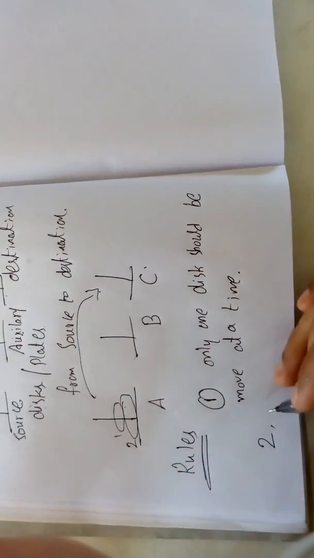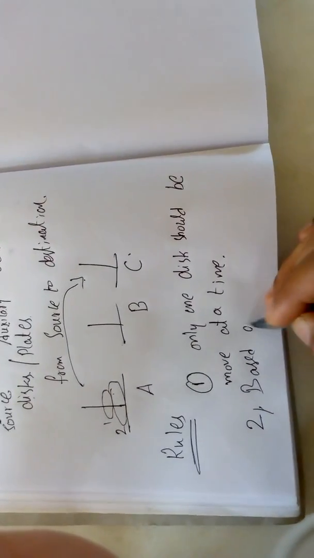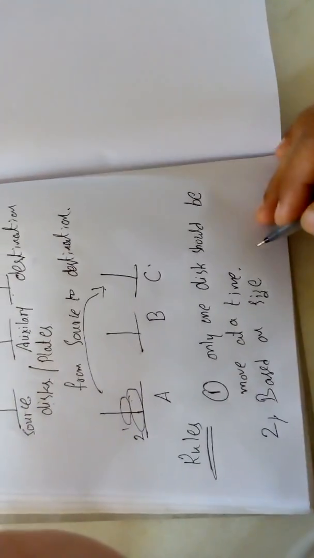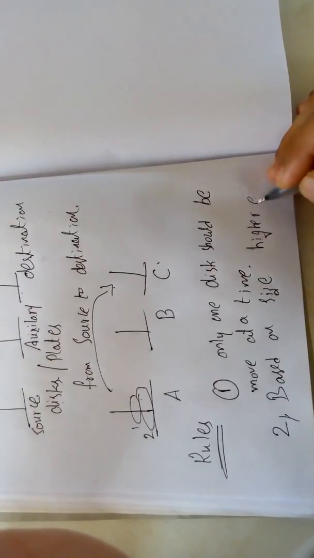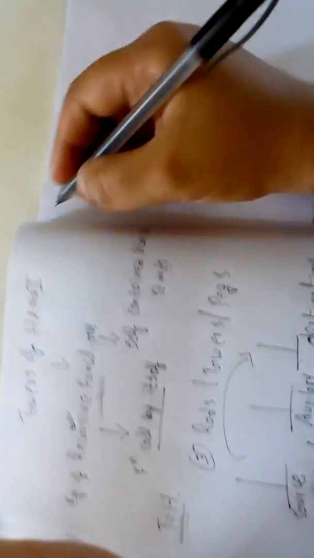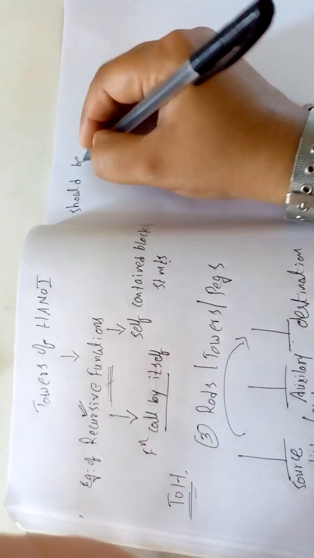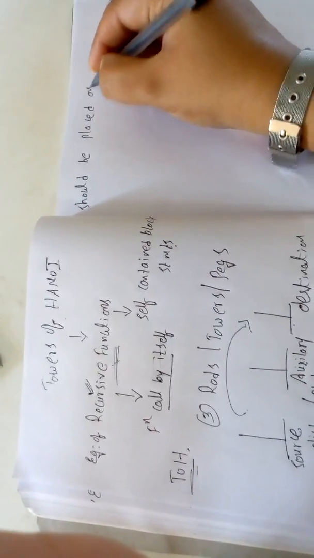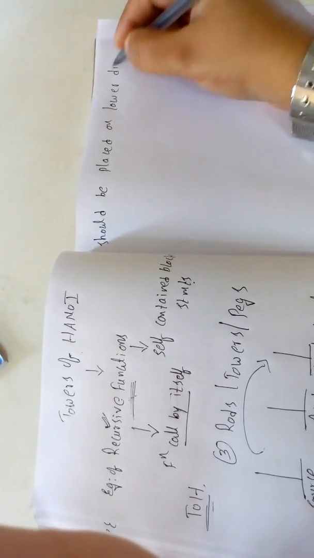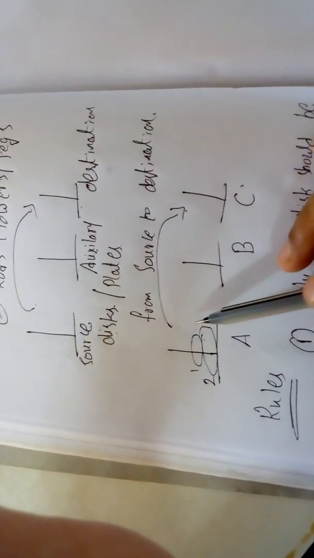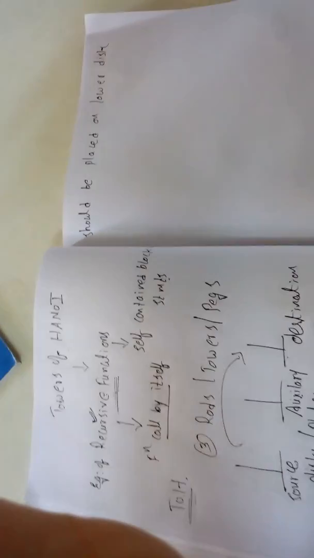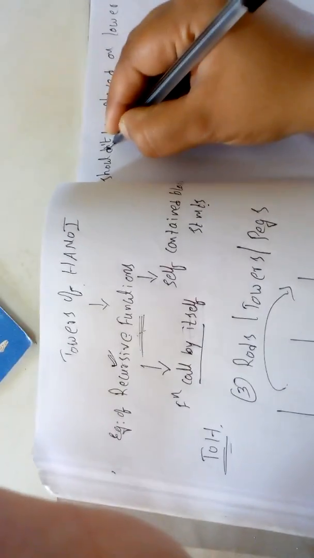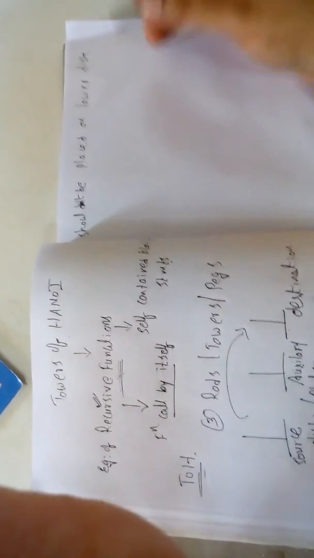And the second rule is based on the size. Based on the size, a higher disc should not be placed on a lower disc.